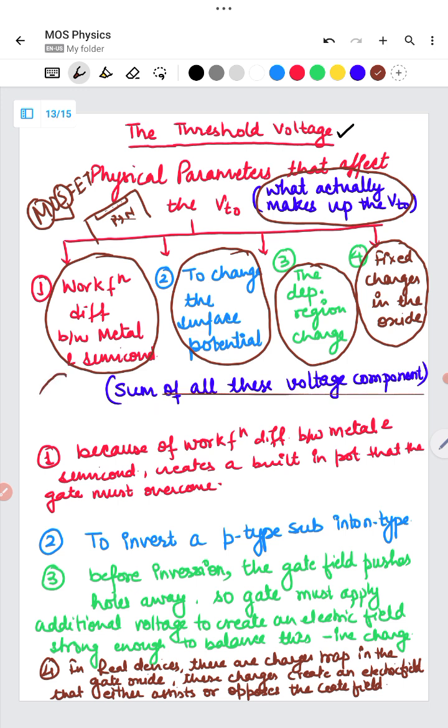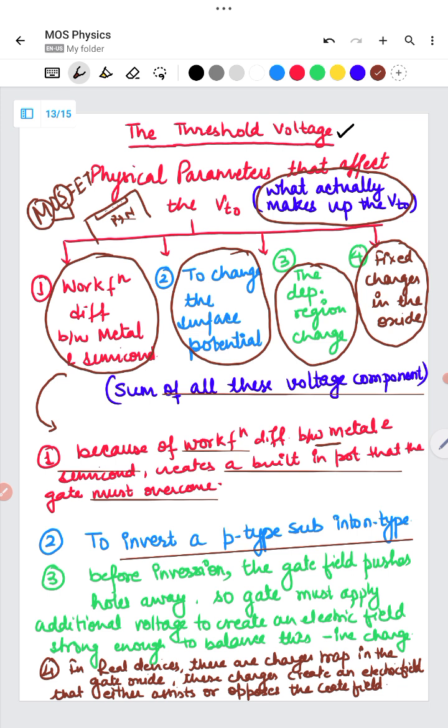Let's understand each component one by one. Because of the work function difference between metal and semiconductor, it creates a built-in potential that the gate must overcome. This is the first term in the threshold voltage. The second term is to invert a p-type substrate into n-type; you require some gate voltage to convert that.